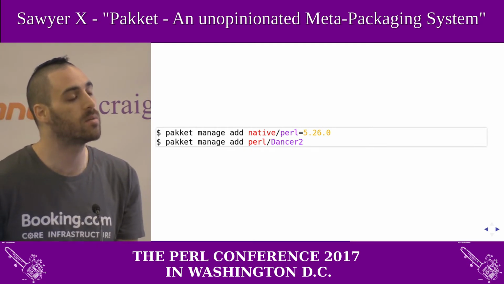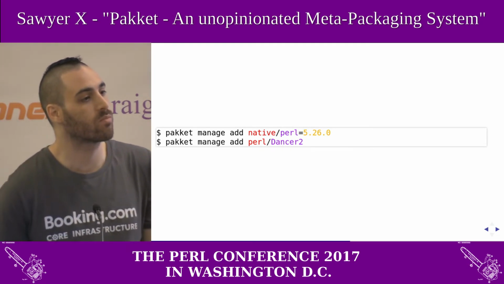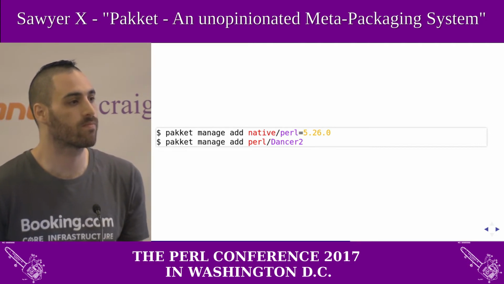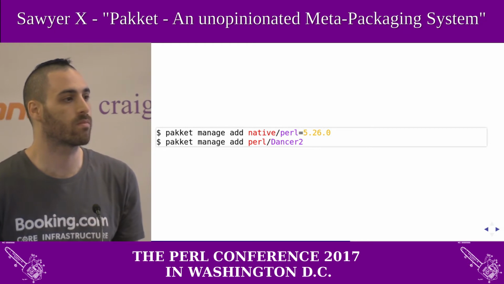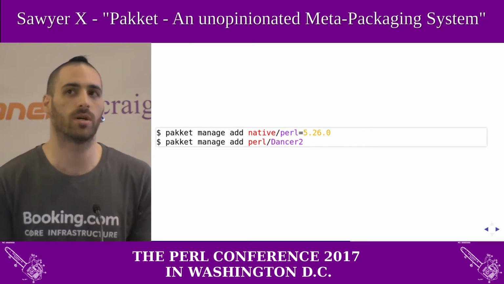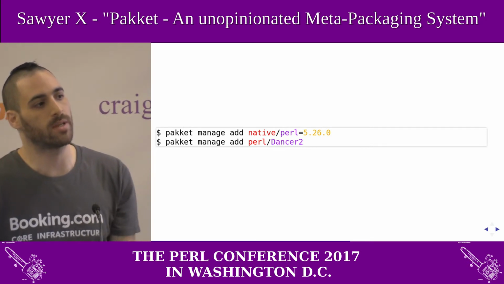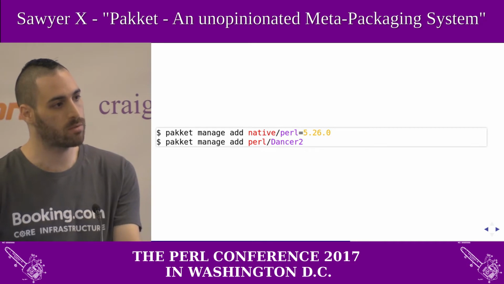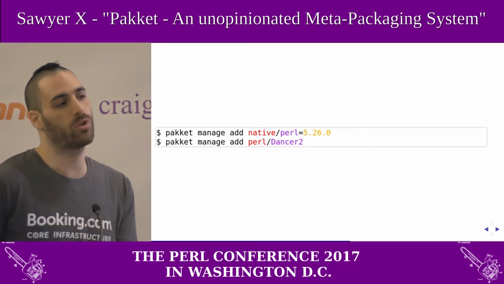Yes? Maybe I'm jumping the gun here, but when Pakket sees that you're putting in Perl Dancer 2, it must have some way to find out that, oh, this depends on native Perl, but only one of the following 7 of 43 possible versions, right? Right, so the question, if I understand it correctly, is the dependency of a language specific with the language interpreter? Yeah. In this case, Pakket will not do this.